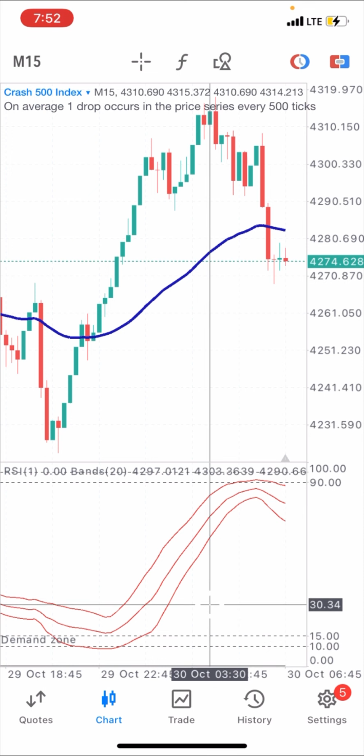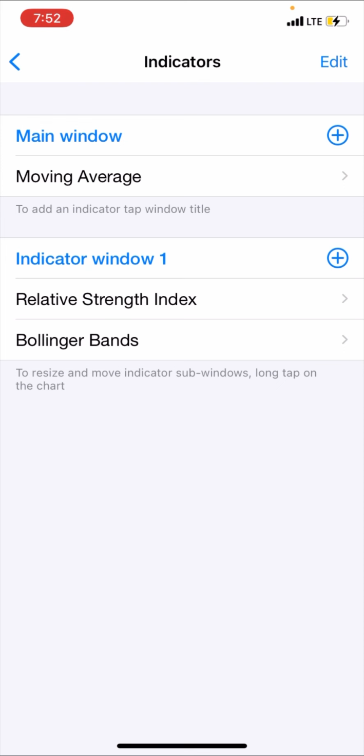You want to add the next indicator, which is the Bollinger Bands. You want to add the Bollinger Bands on your indicator window 1. Now when you add your relative strength index, it automatically gives you the indicator window 1. This is for people who haven't had the setup on their charts before.